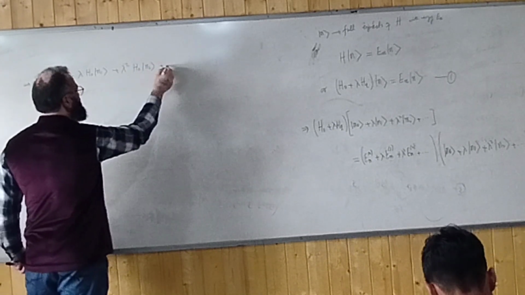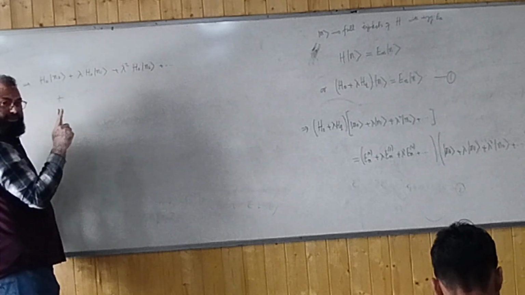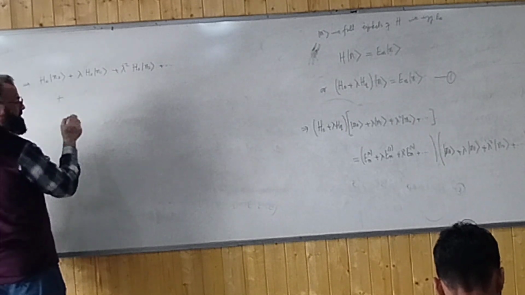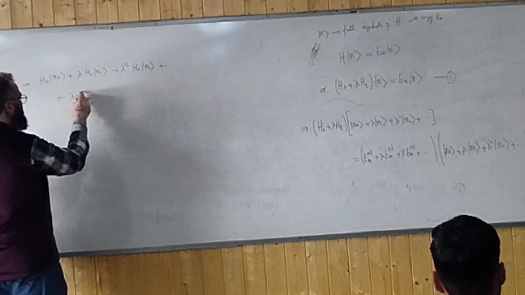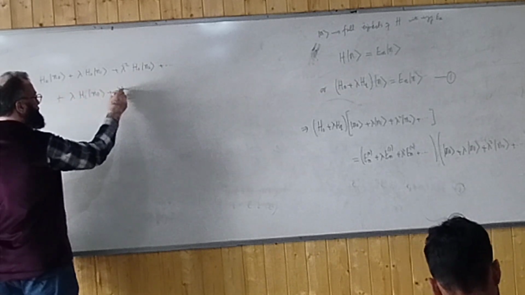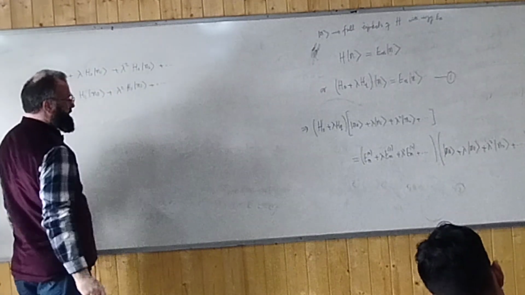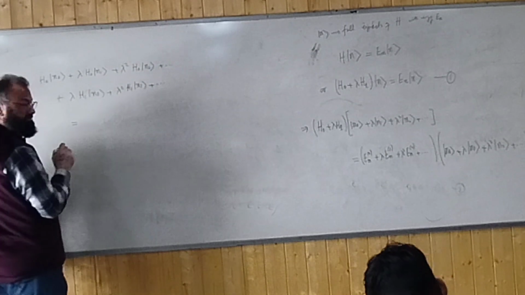I'll go only up to order lambda square. Then the first term is lambda H1 |n0>, then you have lambda square H1 |n1>.